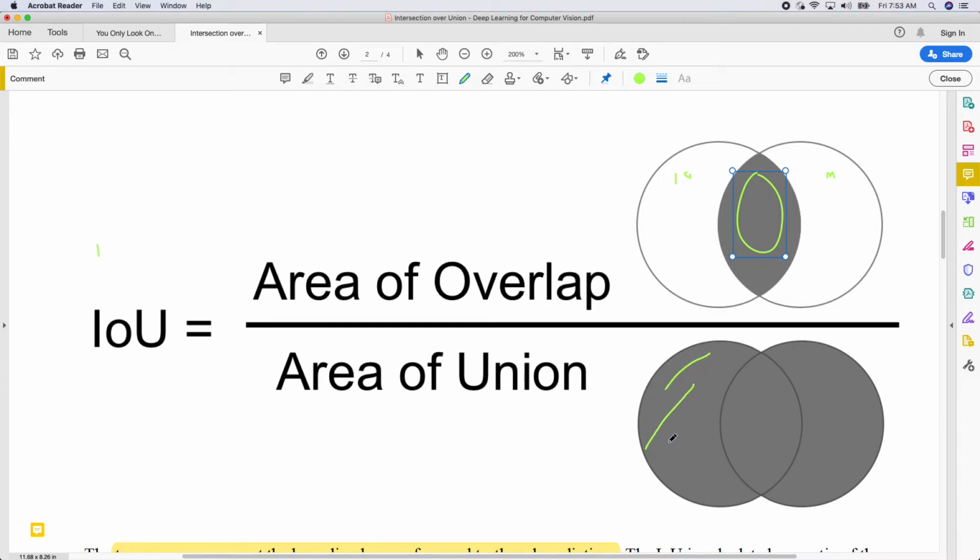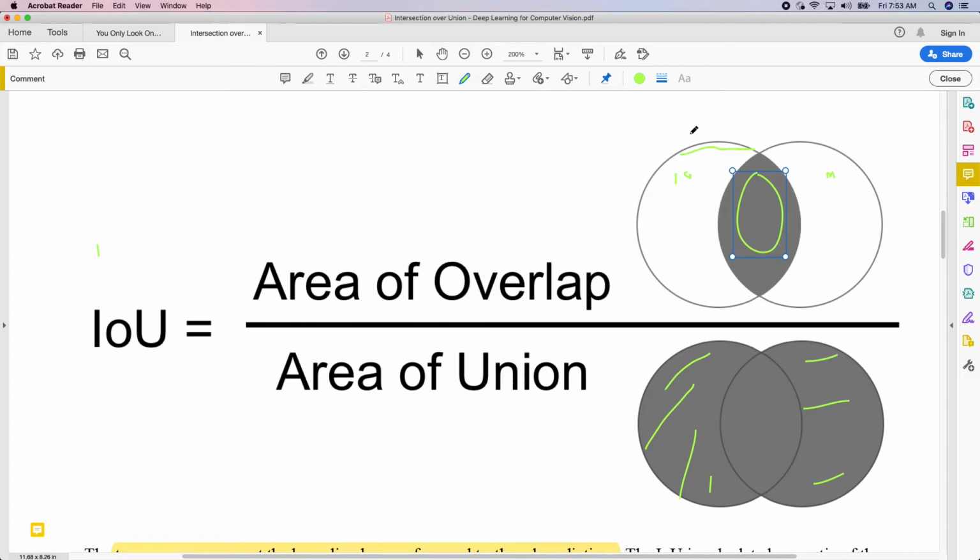By doing that, you divide by the total area of union. If this circle is completely inside this one, then you will have 100% here, and you also have 100% here, so the area here will be equal to the area here.